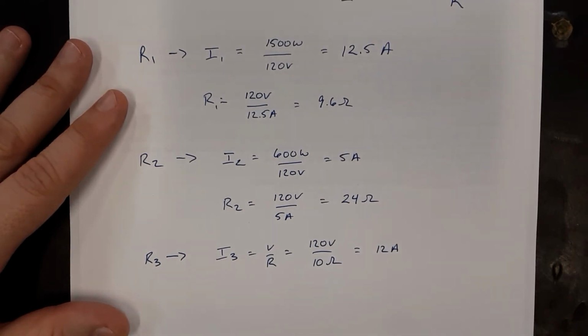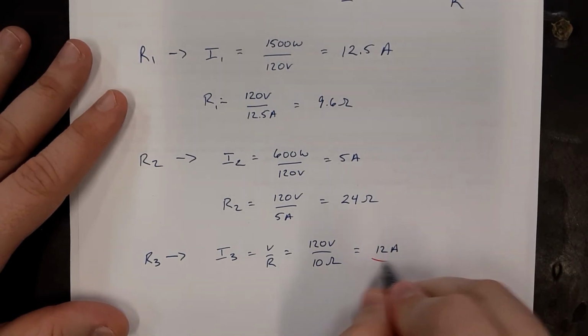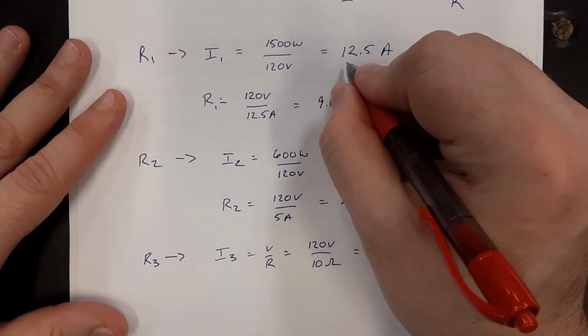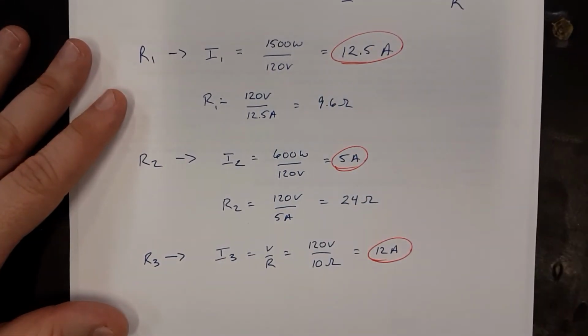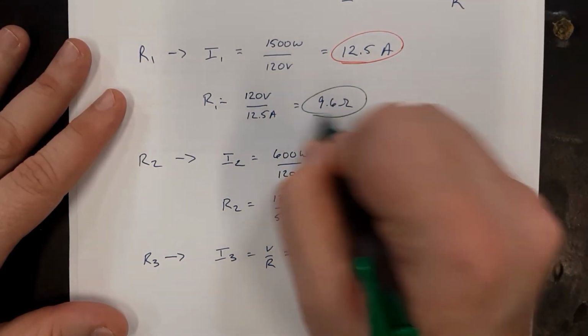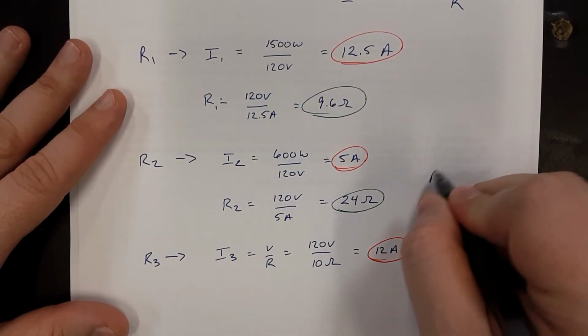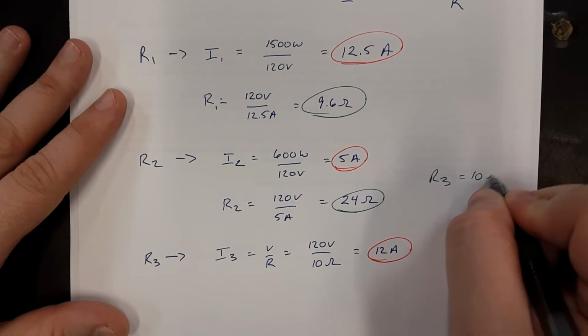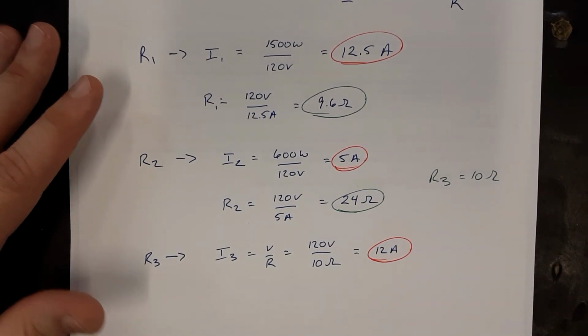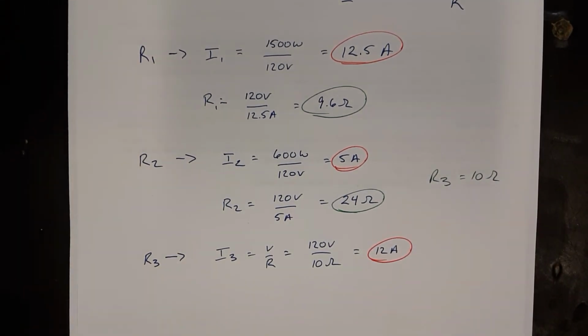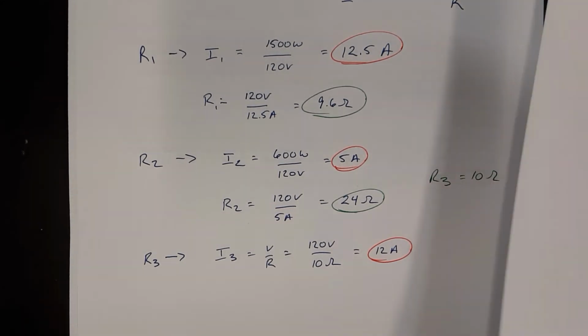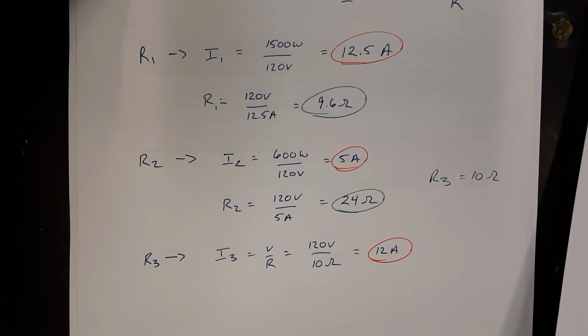All right. And so in red here, circling all the currents, and in green, right, so we have the 3 sets of numbers that we need. And so now we're going to go and find totals. Right?